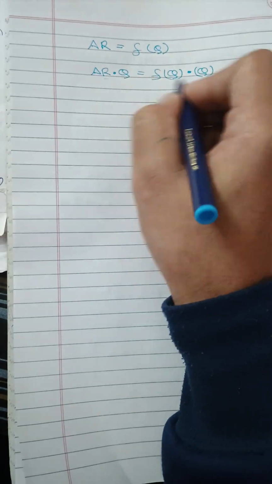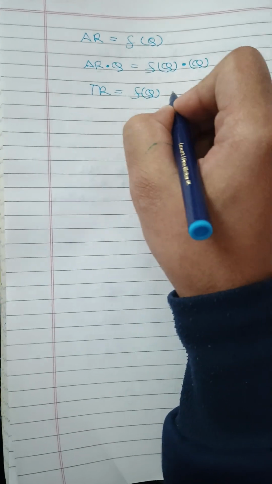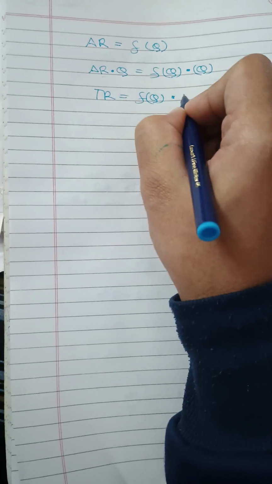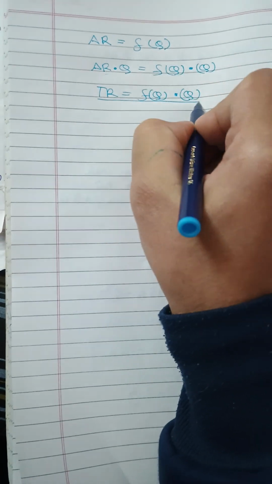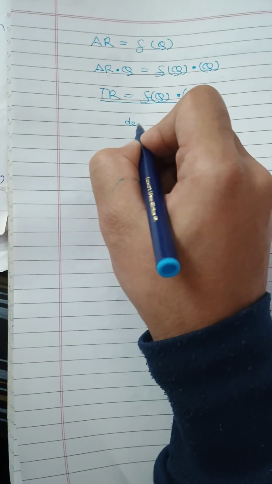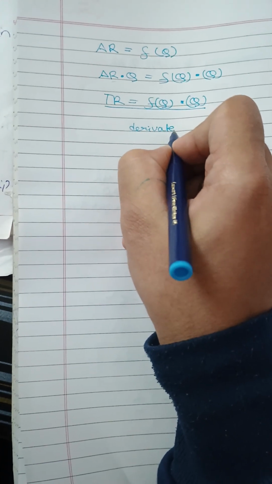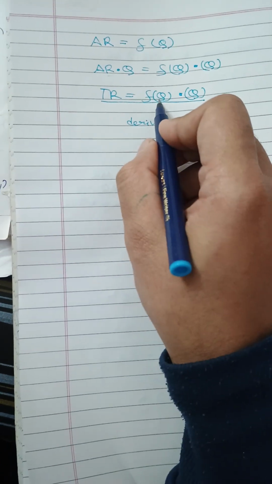We can also write this as TR equals F of Q dot Q. To avoid confusion, we can write it this way also. Now derivating this, we will use the product rule.